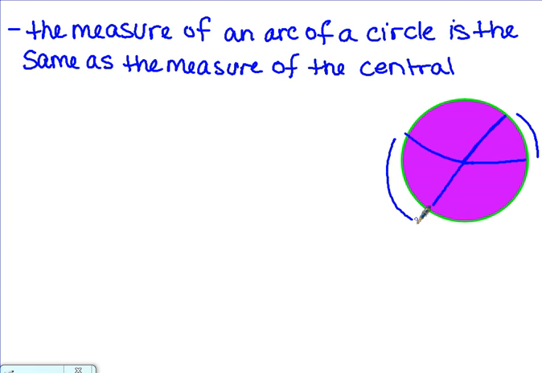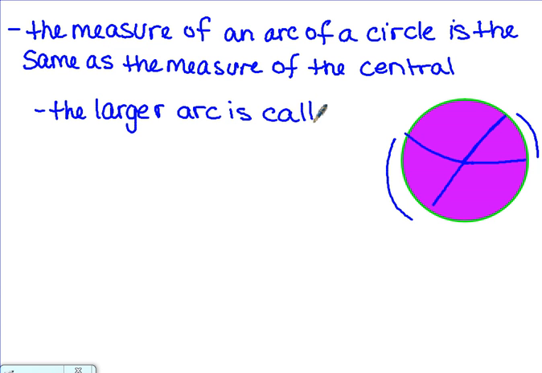This arc is obviously bigger than this one here. The bigger arc is called the major arc, which means that the smaller arc would be called the minor arc.